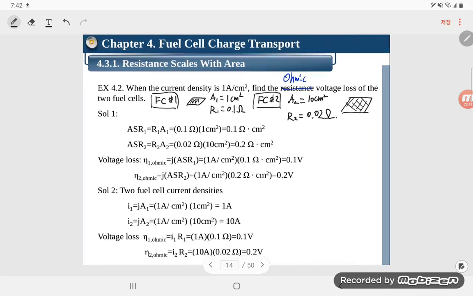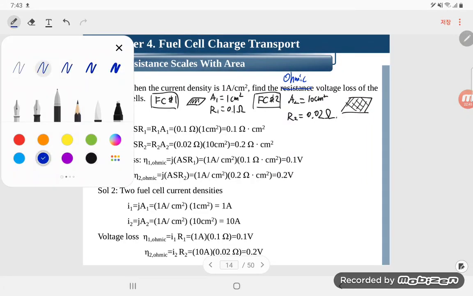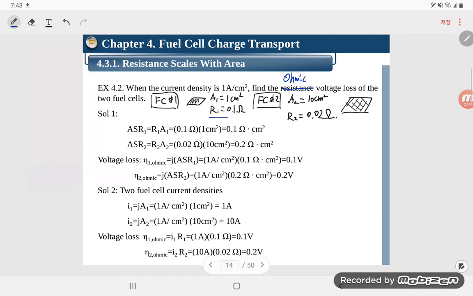So when we check this resistance, fuel cell number 1 has a higher resistance, right? So we can think that fuel cell number 1 has a higher ohmic loss. But actually, let's calculate based on the ASR, in two ways.